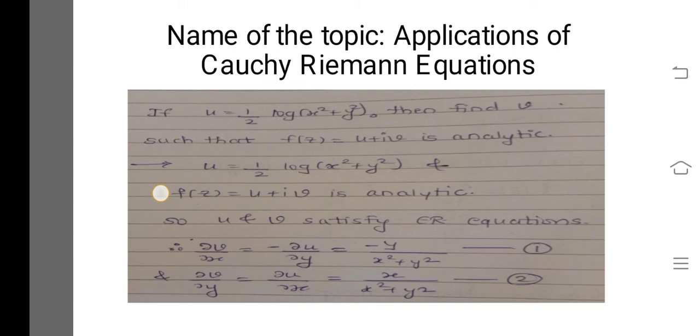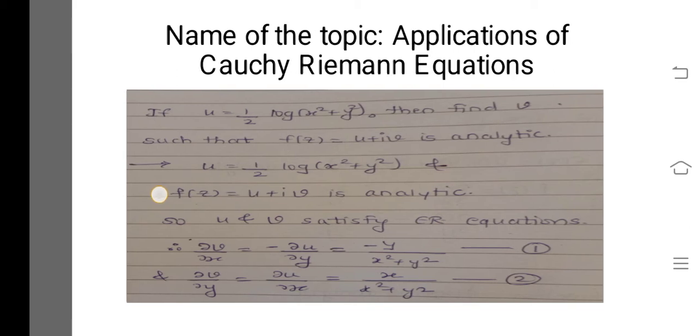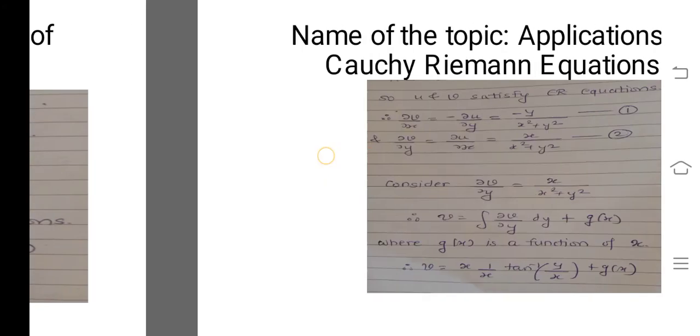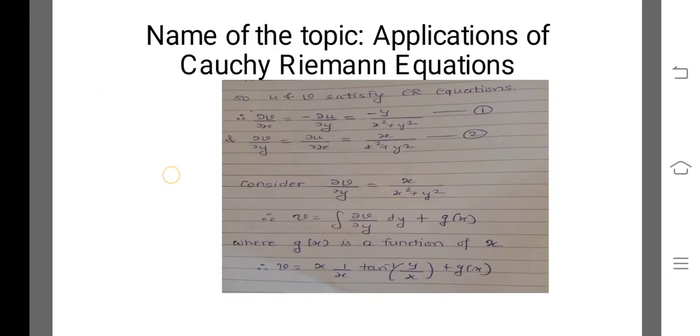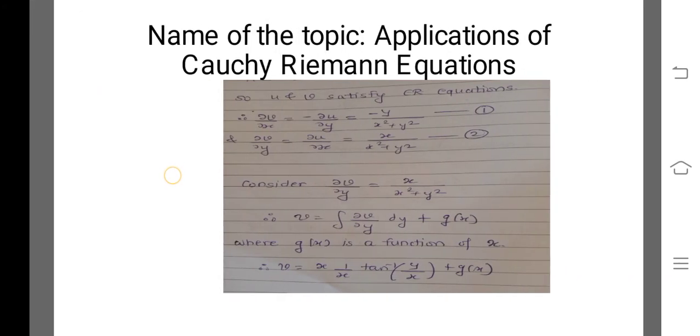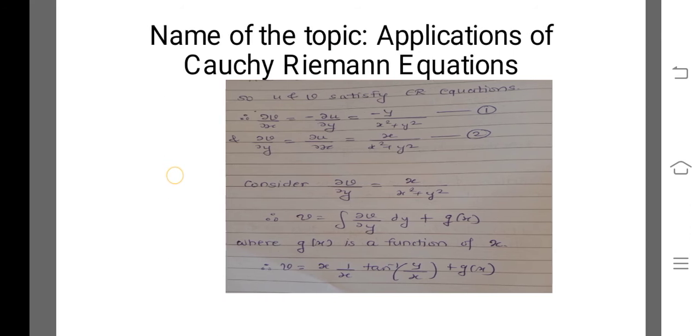Let's call these equations 1 and 2. These partial derivatives and their relations are by CR equations. As u and v satisfy CR equations, we get these expressions, say 1 and 2.